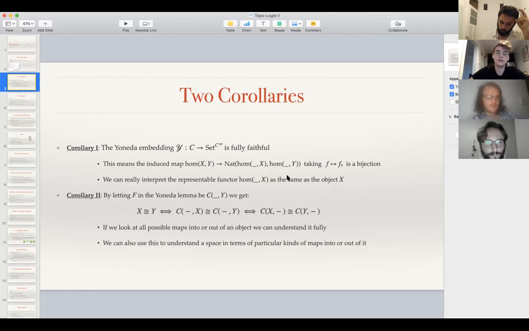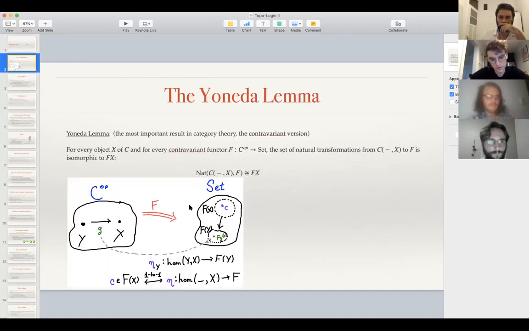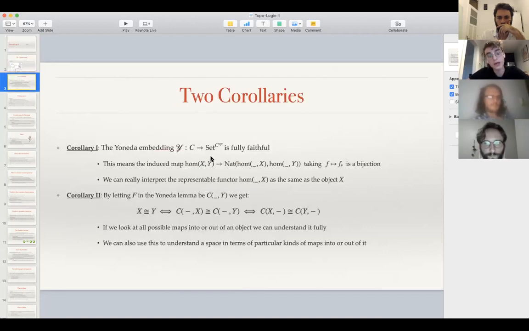In fact, this is a bijection, and it's written F lower star. It's, I believe, the pullback, which is basically doing what we saw right here: a post-composition with F. So a simple thing, but this can completely characterize how objects work.